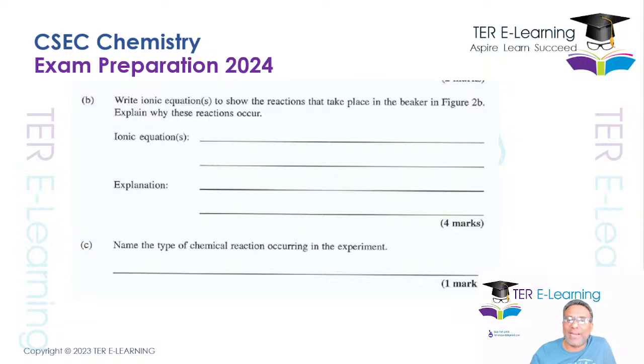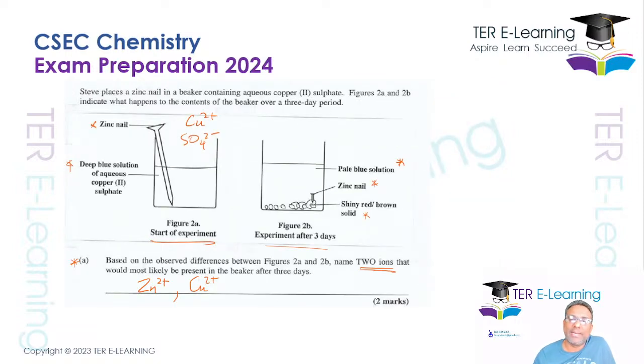Now, write an ionic equation to show the reaction that takes place in the beaker and explain why this reaction occurs. And then in part C, they said name the type of chemical reaction occurring. Does anybody know the answer for this one? What type of chemical reaction is taking place when I put zinc in a solution of copper 2 sulfate?